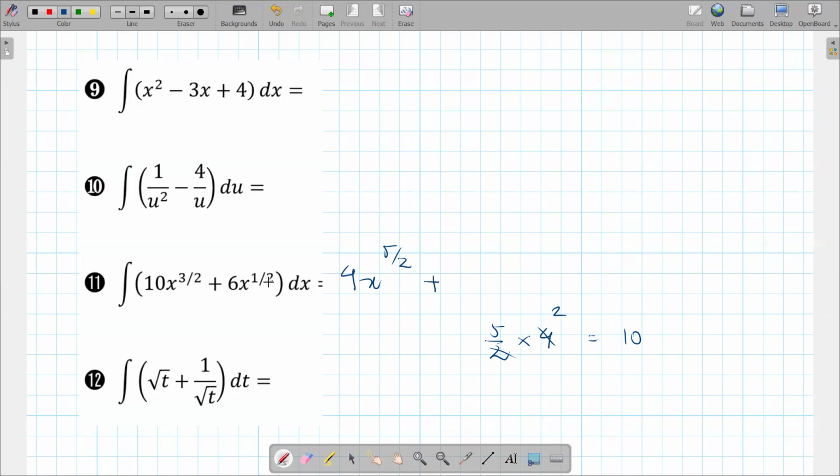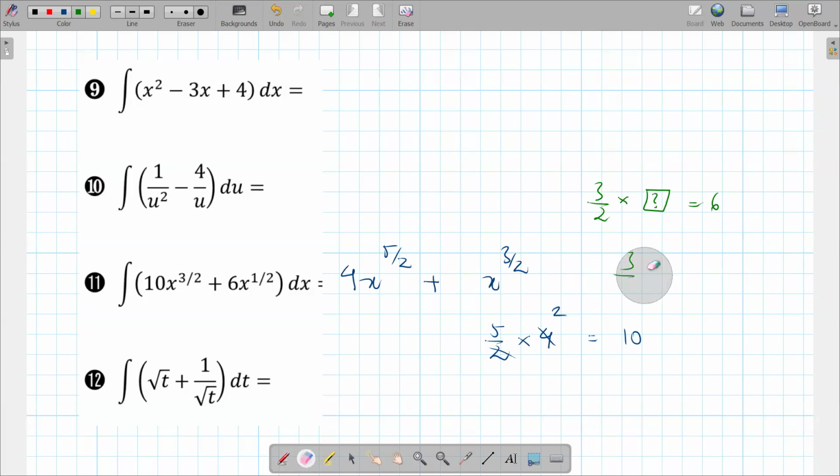Plus x to the 1 over 2, it's going to become x to the 3 over 2. When you take the derivative of this, you'll get 3 over 2. But we don't have 3 over 2 there. We have a 6. What do we multiply 3 over 2 by to get a 6? 4 as well, okay?